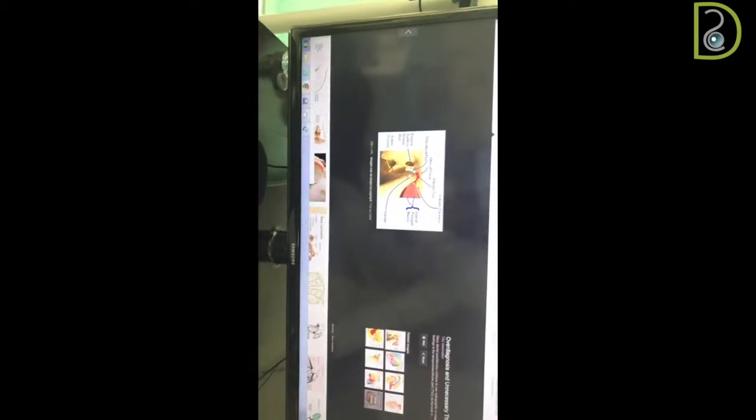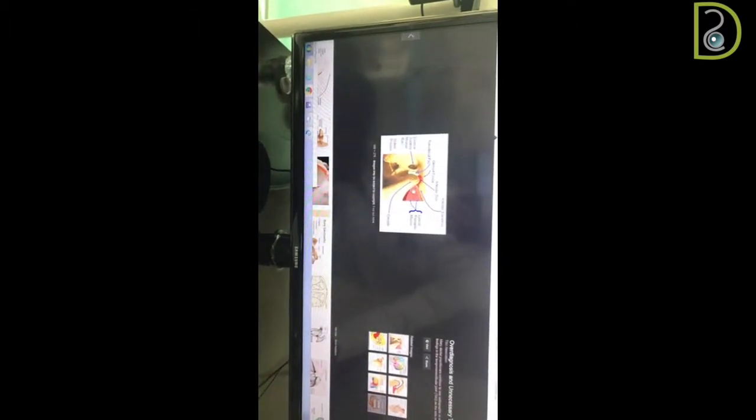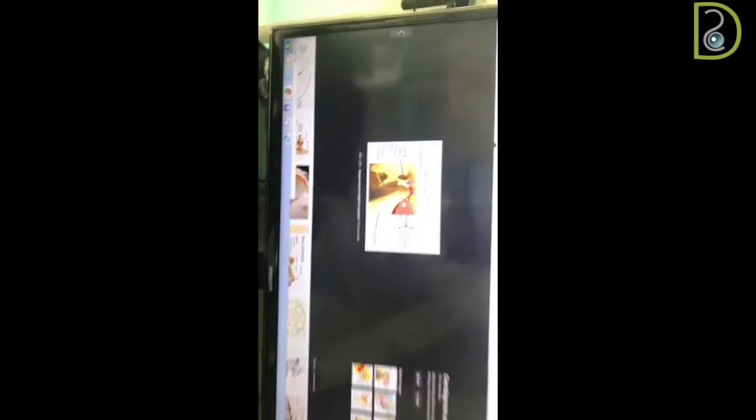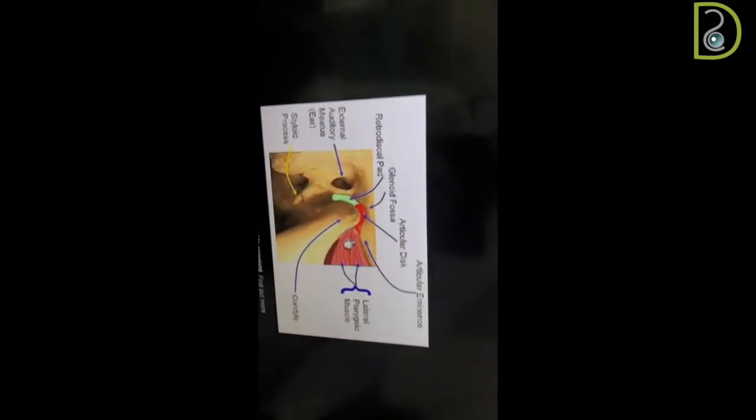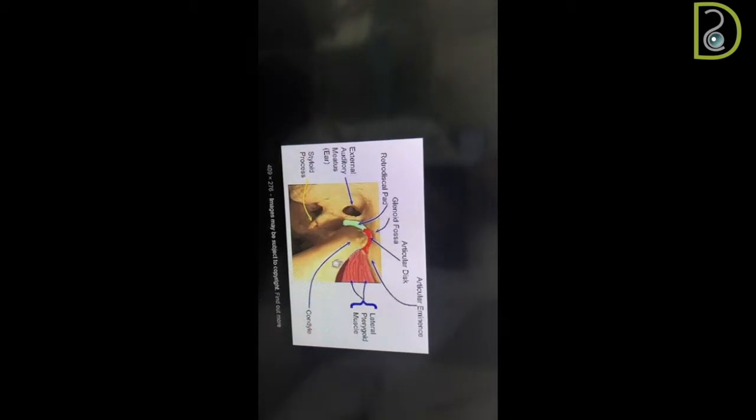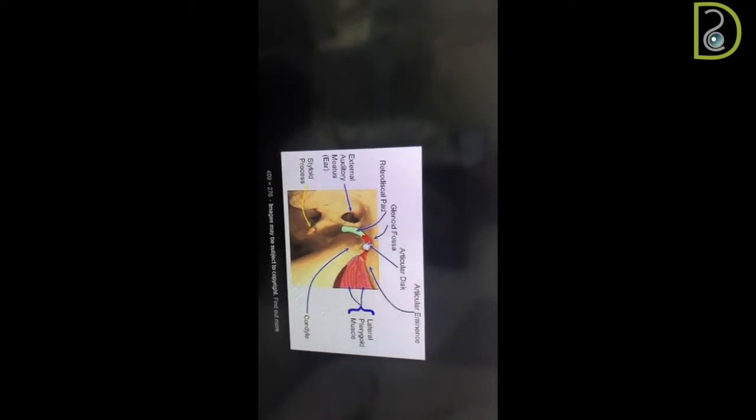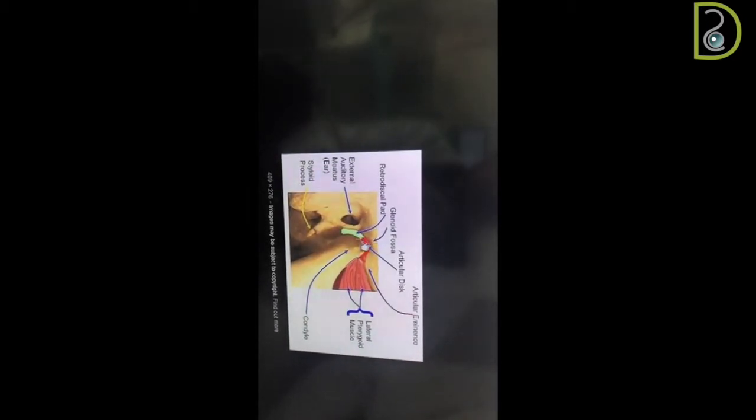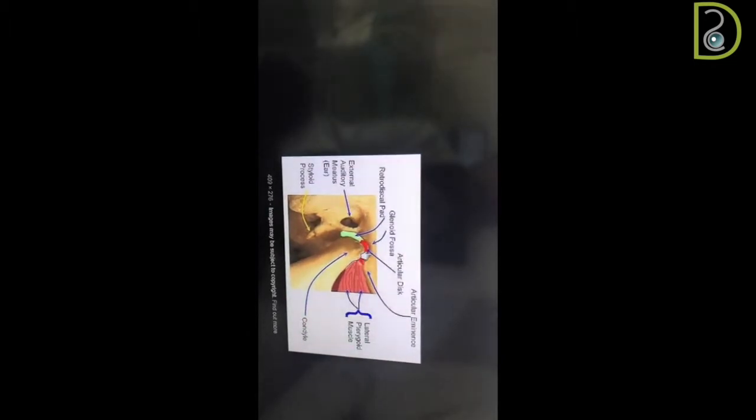want to talk about. This is the idea behind it. Now, you see, this is the head of the condyle, this is the mandible, and this is the glenoid fossa, or sometimes it's called the mandibular fossa of the temporal bone, because this is the temporal bone, and this is the articular eminence.